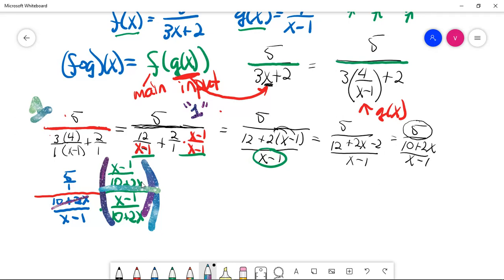This cancels with this. And this cancels with this, right? X minus 1 over x minus 1 cancels out. That's equal to 1. And 10 plus 2x divided by 10 plus 2x, that's equal to 1, which leaves you with 5 over 1 times x minus 1 over 10 plus 2x.